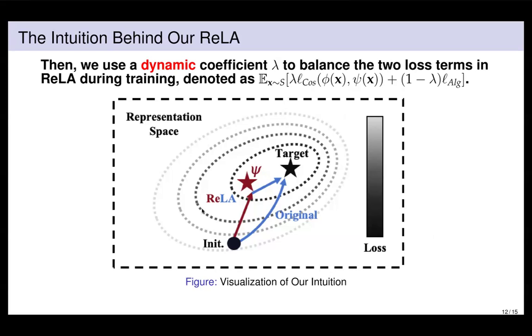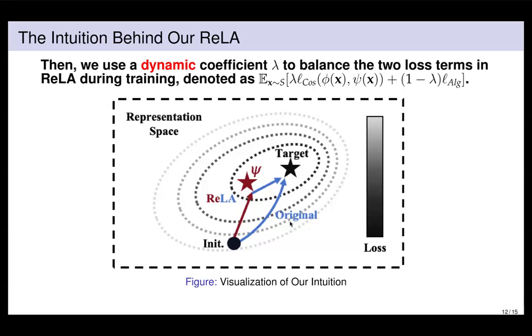So I'm going to introduce two things. The first is why we use this coefficient, and the second thing is why this coefficient and the RELA loss function work. But I can only intuitively explain this equation.